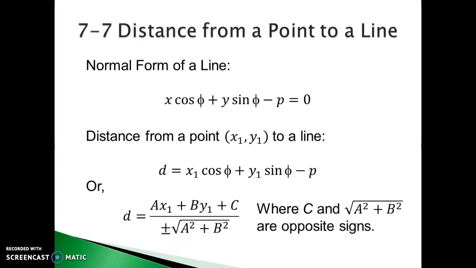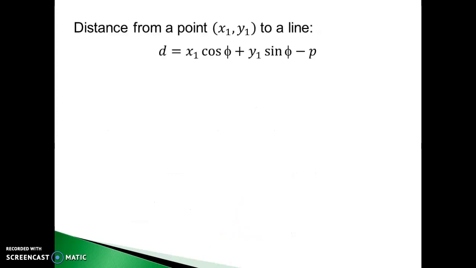And just to remember, this was a shortcut. If you just take the standard form of the equation, substituting for x and y, and then dividing by plus or minus the square root of a squared plus b squared, making sure that c and the radical are opposite signs, that'll get you there too. All right.